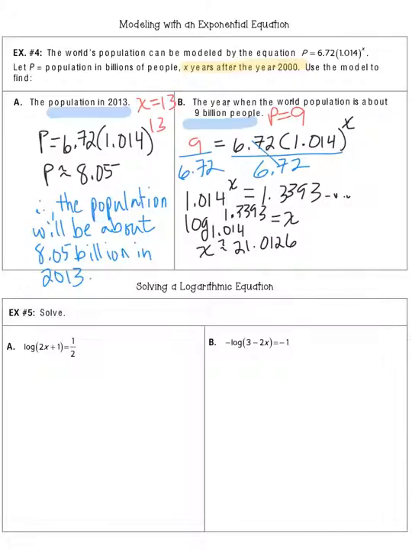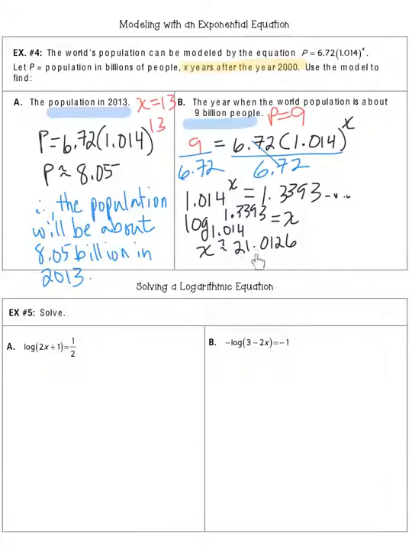So what that means, and to alleviate any arguments about whether this is year 2021 or year 2022, if you were to put this part of the formula right here into your calculator, into the y equals, and graph it, and go to your table of values and put in 19 for x, 20 for x, 21 for x, you're going to end up with some values that don't reach 9 billion.